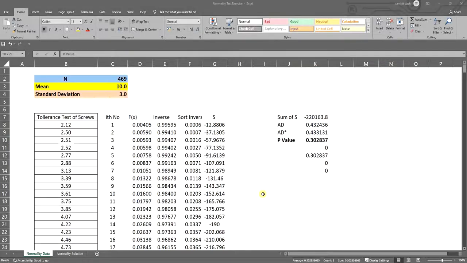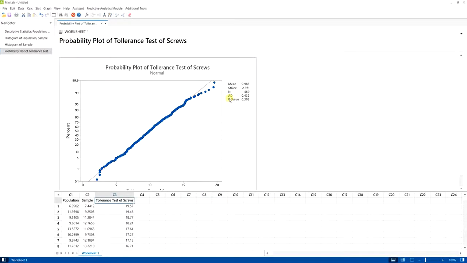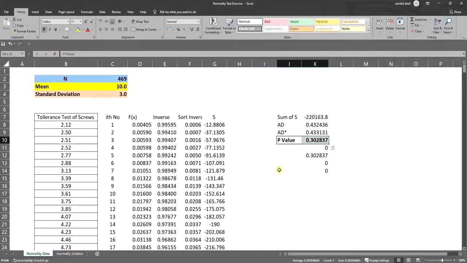So let's now go back to Minitab and see whether this number matches, right? Right, so p value is 0.303 and AD is 0.42, which exactly we have here. Now if you go back and try to understand this better, what we did is we calculated the normal distribution, right?